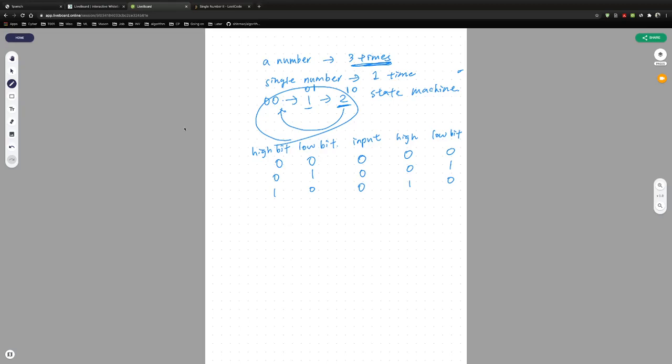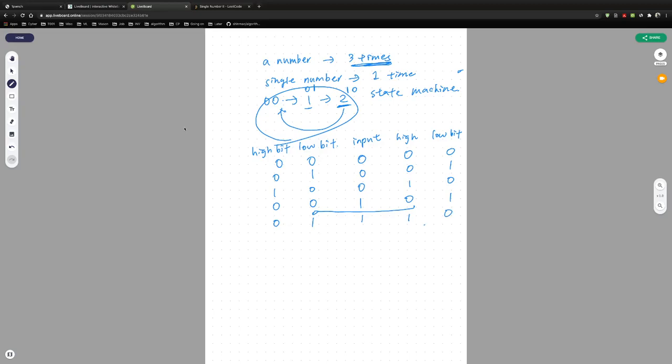So let's come to the next condition. If we get the initial state with an input of 1, it will become 0 1. Next, if 0 1 faces an input of 1 again, it will become 1 0.